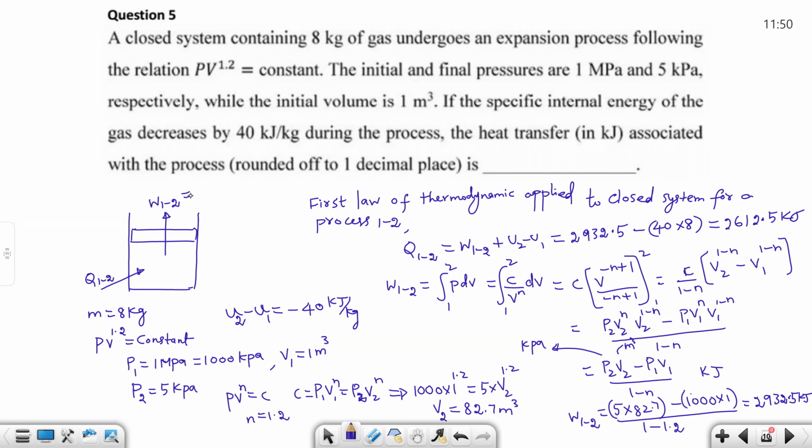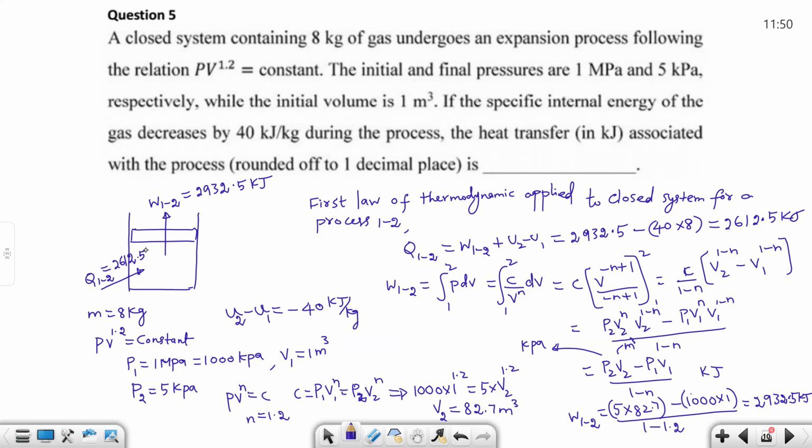So work transfer is 2932.5 kilojoule. Heat transfer is 2612.5.